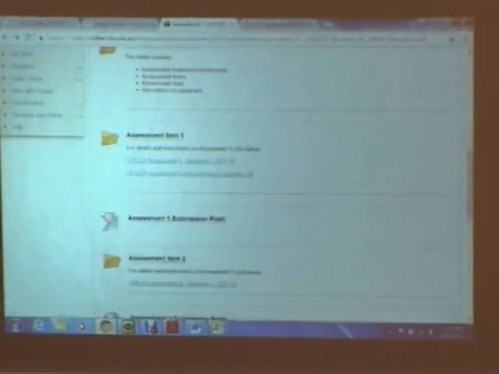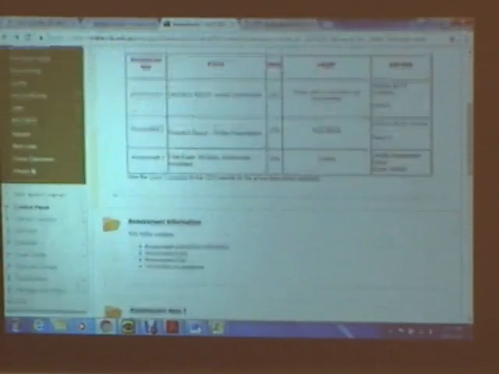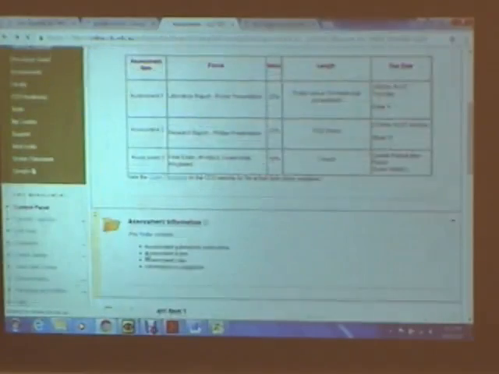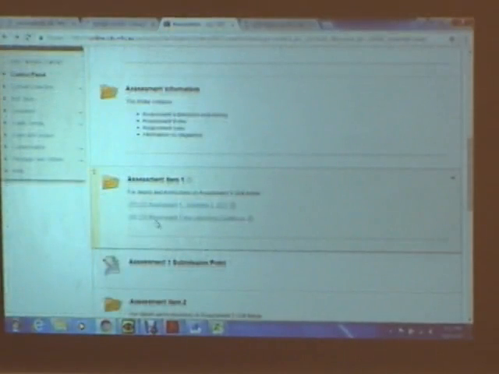Okay. So to do this assignment, you need to be able to get to your data. The couple things you're going to want to do is go into assessments in your 210. Download your assessment 1 and laboratory guidelines.